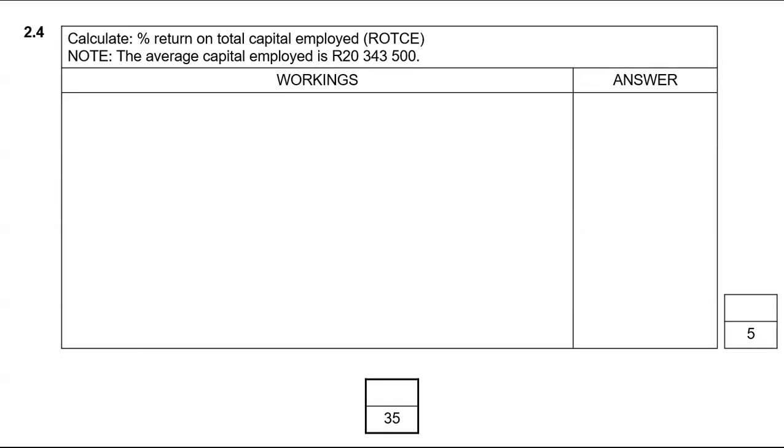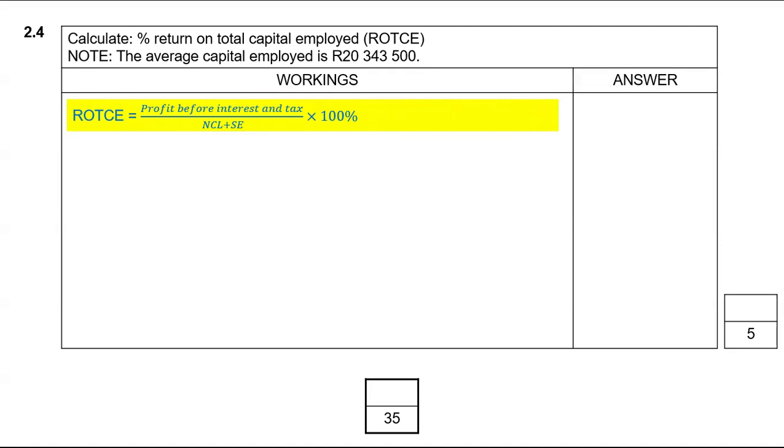So the formula here is always profit before interest and tax, before your financing costs in essence and your tax obligations. So that profit is what you're going to have. And you need to remember what is capital employed. It's what has been invested in the company. The company can seek financing in two ways, through loans, borrowing, which is non-current liabilities, or through issuing shares and using retained profits.